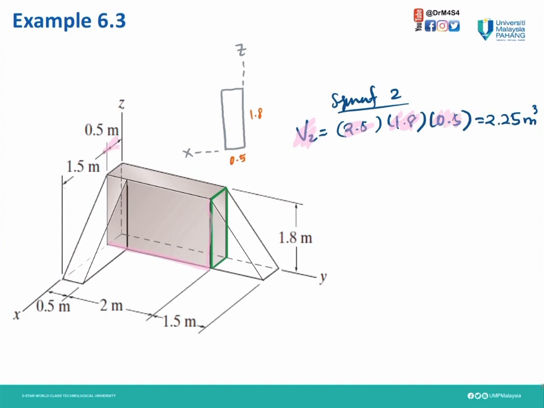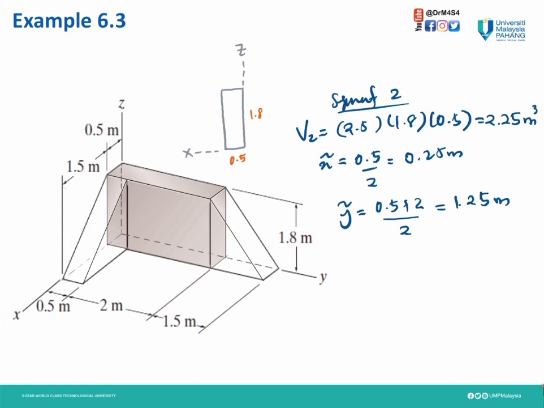So we get volume V2 is 2.25 meter cube. Then we need to identify our X bar. Our X bar on the X axis is 0.5 divided by 2, we get 0.25 meter.